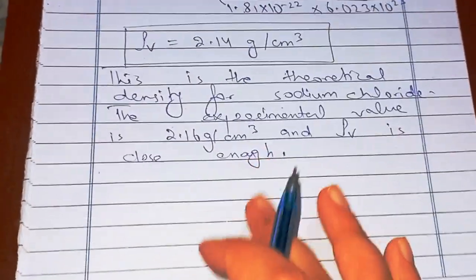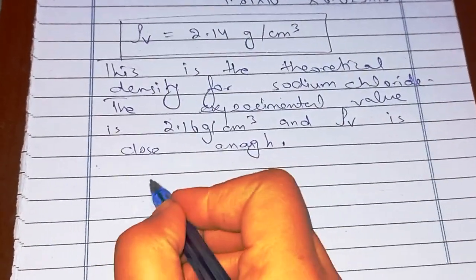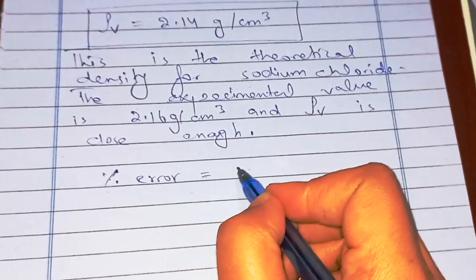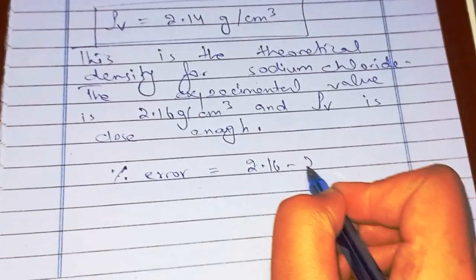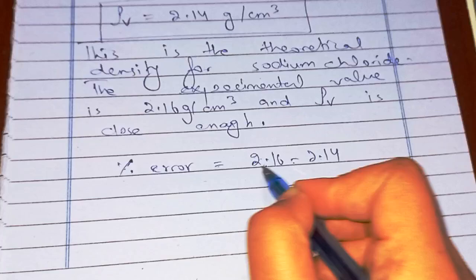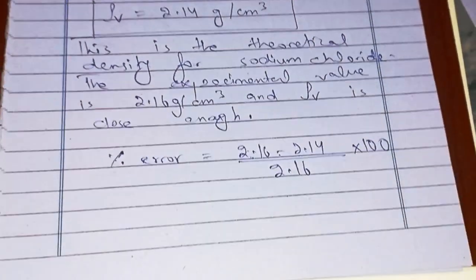You can also find the percentage error between these two values, which is given by 2.16 minus 2.14, the experimental value minus the theoretical value, divided by the experimental value, multiplied by 100.